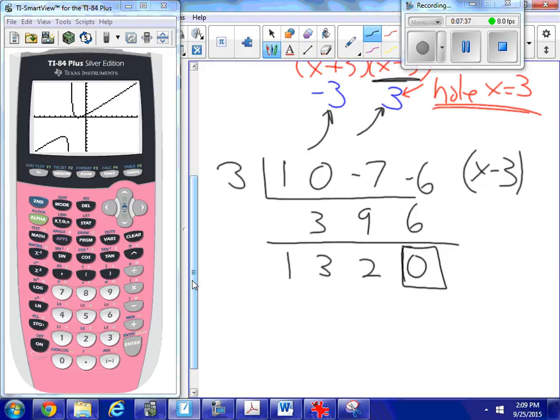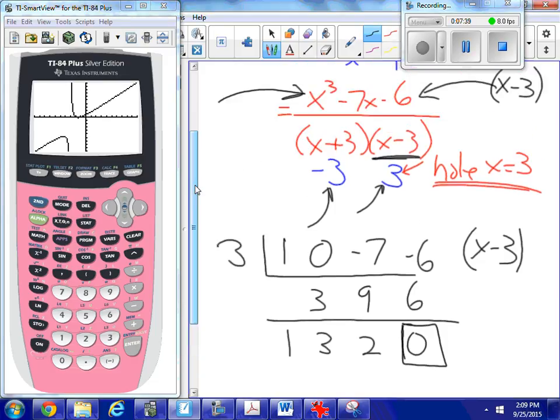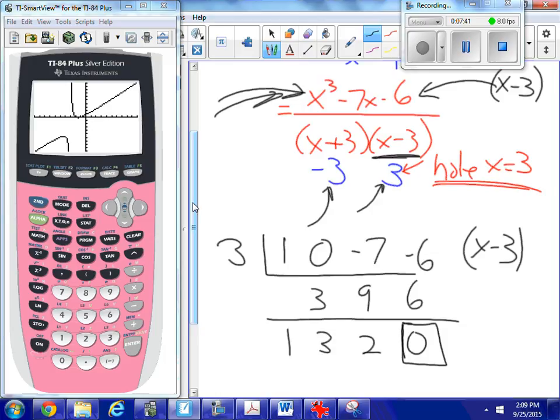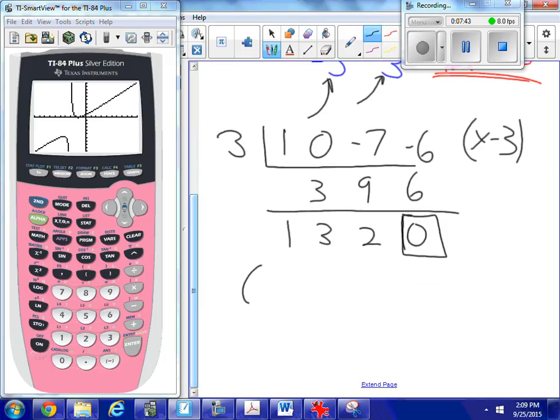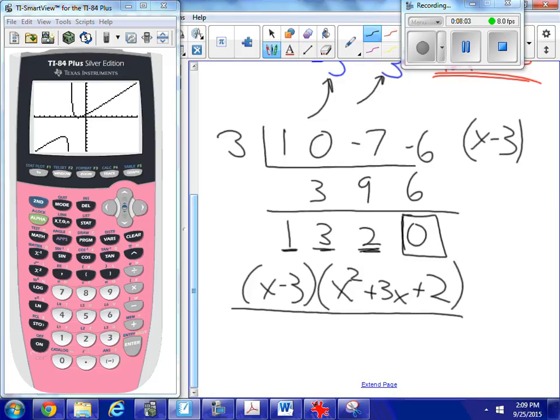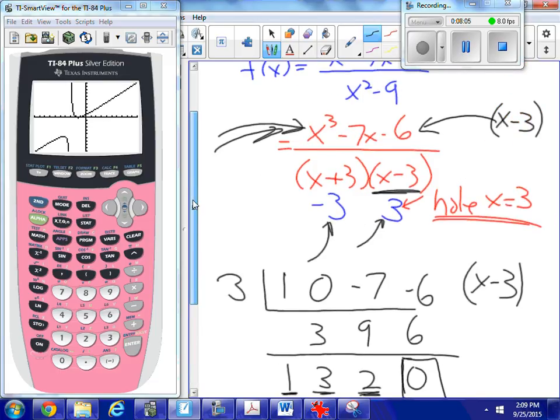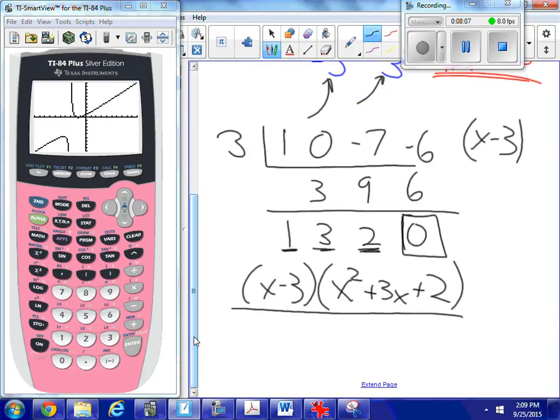So I know that this polynomial here, my numerator, can now be rewritten as x minus 3 times x squared, that's 1x squared, plus 3x plus 2. That is how I write my new numerator. And I divide that by the denominator, which was x plus 3, x minus 3.